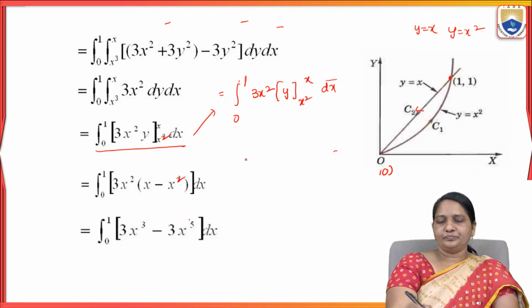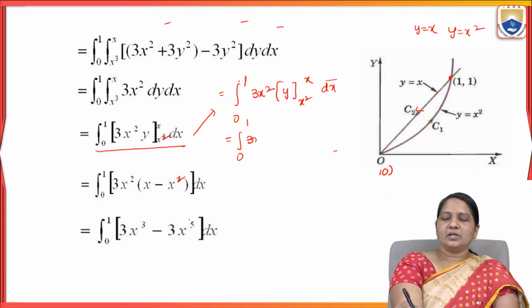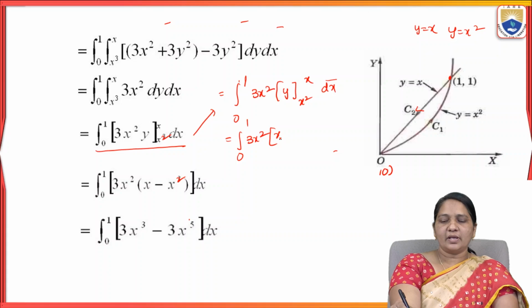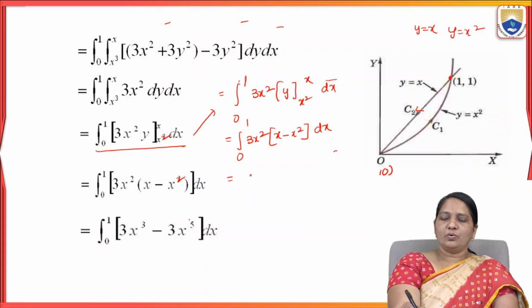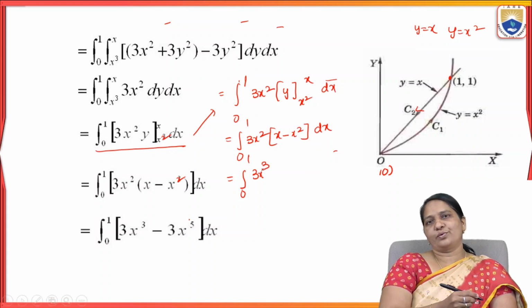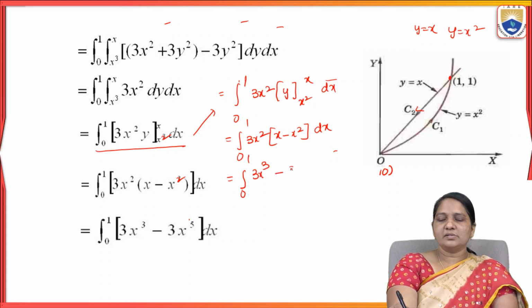So now here, integral 0 to 1, 3x square, upper limit minus lower limit, we are substituting: x minus x square, into dx. Now integral 0 to 1, 3x square into x is 3x cube, minus 3x square into x square, which is 3x power 4, into dx.